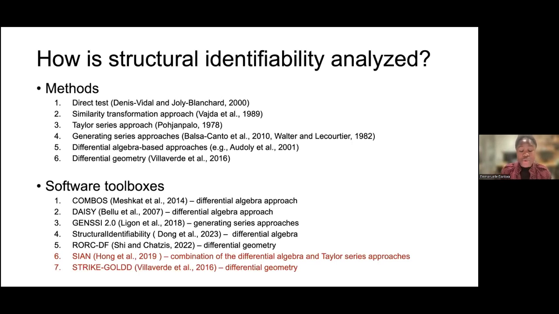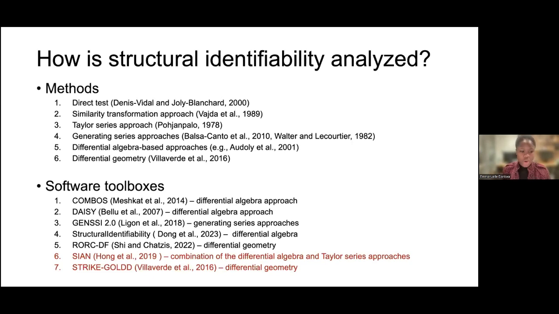It takes you to an interface, which I'm going to show briefly now, and you can test the structural identifiability of your models. We'll talk about limitations later, though. And Stride Gold, which was developed by Gemma's group, which is based on differential geometry. So first, I will talk about how we use CIAN in our study on structural identifiability of common epidemic models.